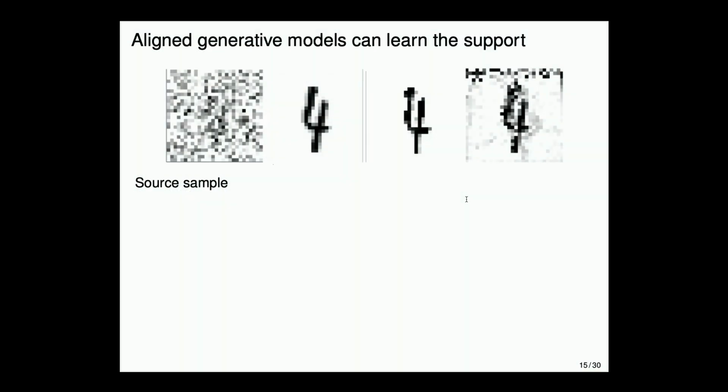So let us see this visually. Here is some noise sample. Here is the MNIST sample 4 that is generated by a generative model that is trained on these MNIST digits. Here is this same 4 plus the most sensitive Lyapunov vector.